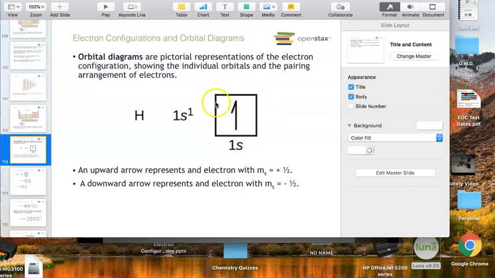In this orbital box, there's one arrow pointing up, meaning there's 1 electron. This arrow represents the electron having a positive 1/2 spin, or m sub s value of plus 1/2. A downward pointed arrow would indicate m sub s value of negative 1/2.